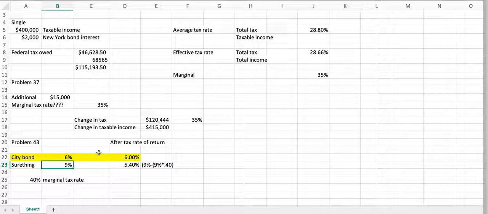Another homework problem that you have has to do with horizontal equity and vertical equity. And I actually, in one of my videos, kind of gave some of that away. But vertical equity and horizontal equity is actually really easy to understand. Horizontal is where two taxpayers in similar situations pay the same tax.